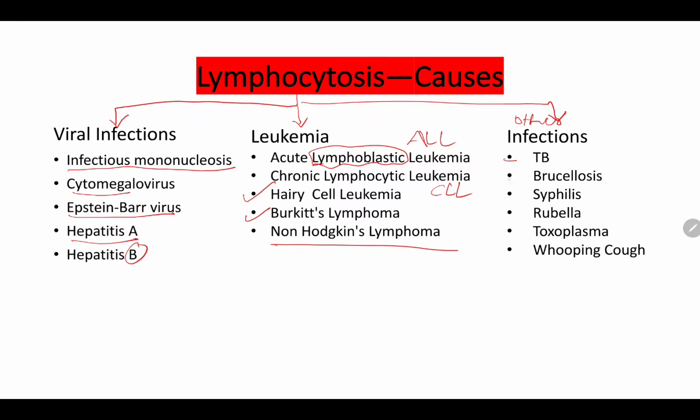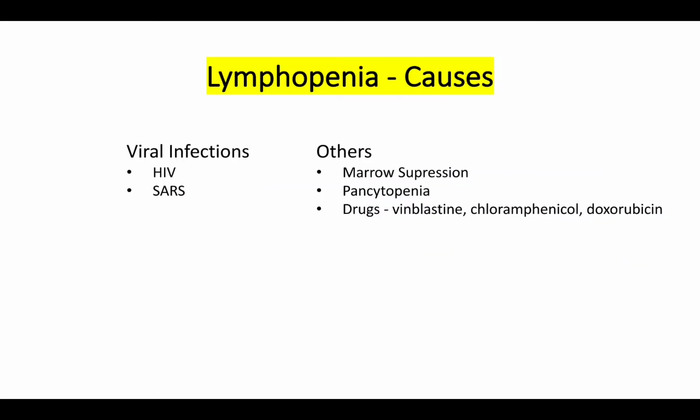Other infections like tuberculosis, brucellosis, syphilis, which can be congenital or secondary, then rubella, toxoplasma and whooping cough. So these are the common causes of lymphocytosis: viral infection, leukemia and other infections.